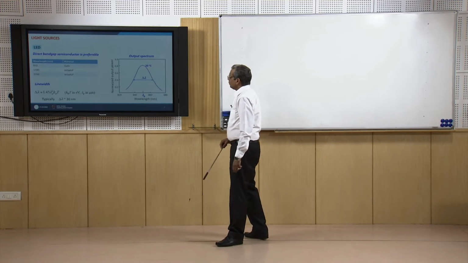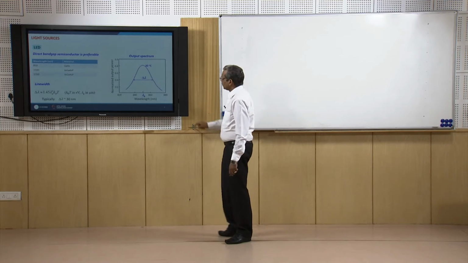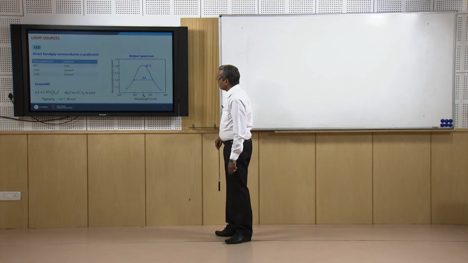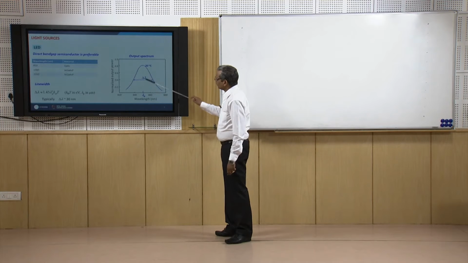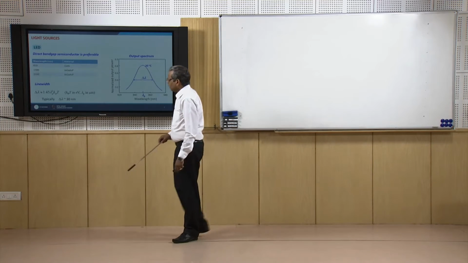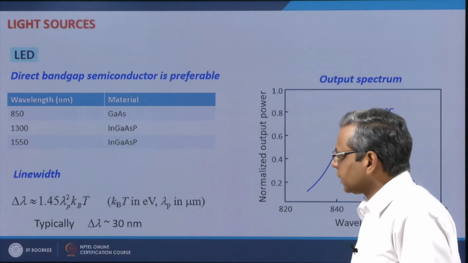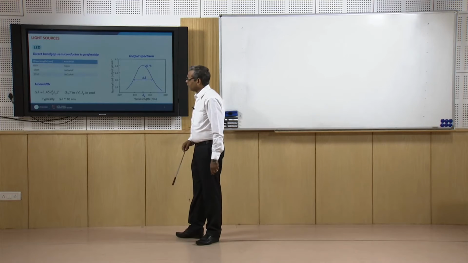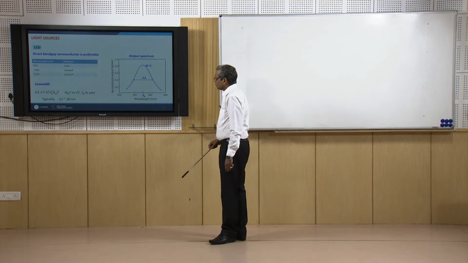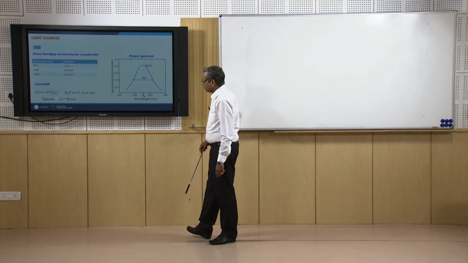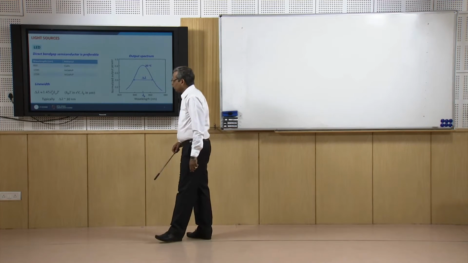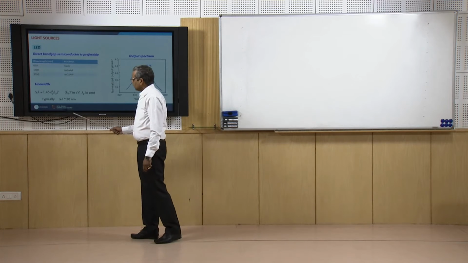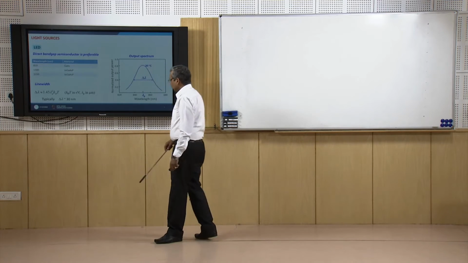The output spectrum of an LED looks like this, characterized by a peak wavelength lambda p and a line width delta lambda, which is given by 1.45 times lambda p squared times kB T, where kB T is in electron volts and lambda p is in micrometers. Typically for an LED delta lambda is 30 nanometers.